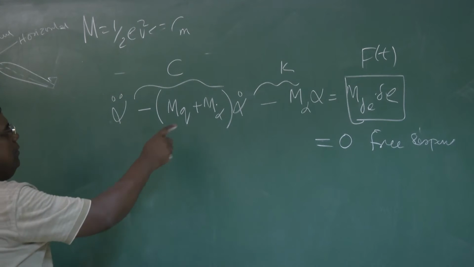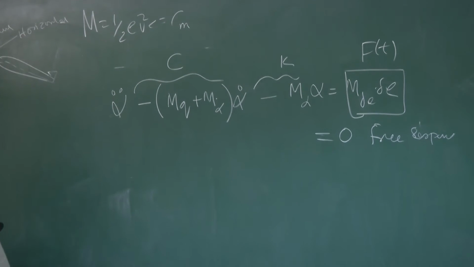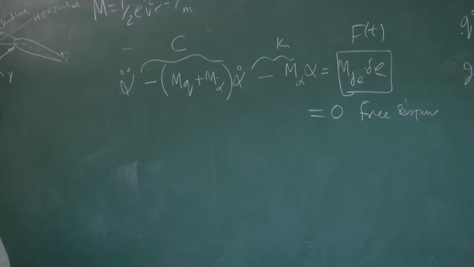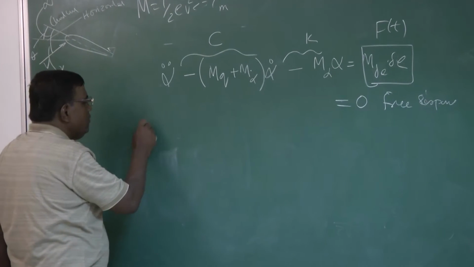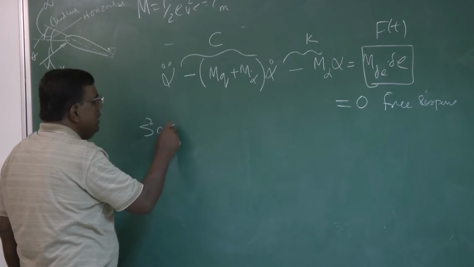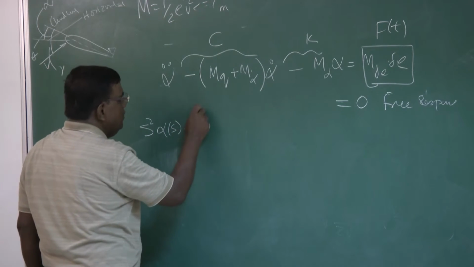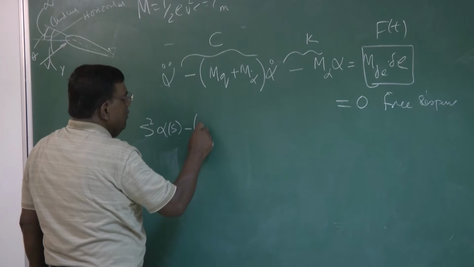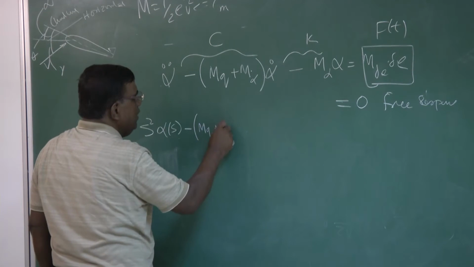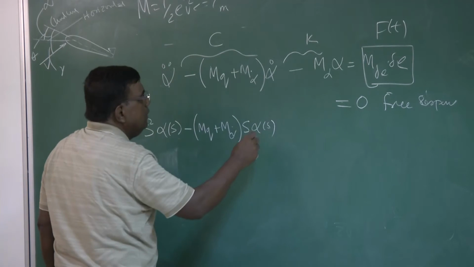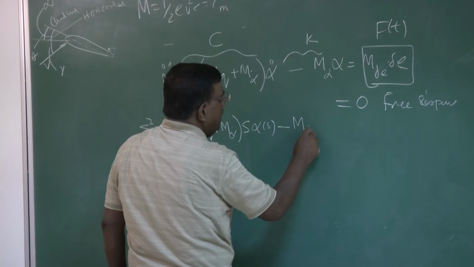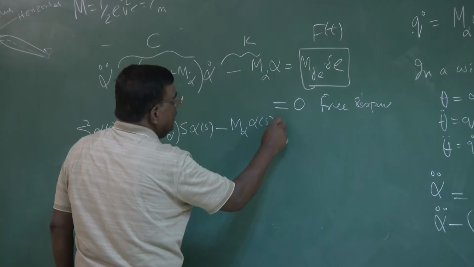So now once we have this sort of equation, how do you find what is zeta and what is omega n? What you do, you take Laplace transform here, so you get s square alpha of s minus (mq plus m alpha dot) s alpha of s minus m alpha into alpha of s equal to 0.